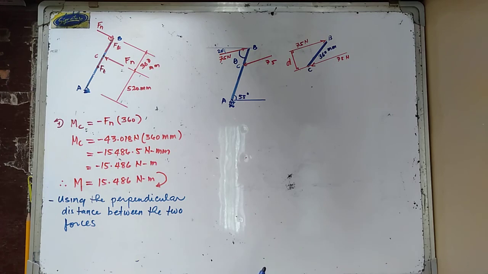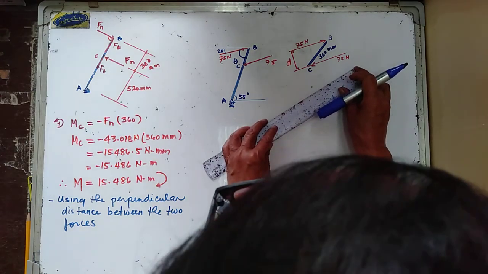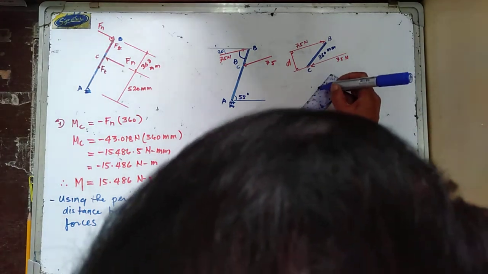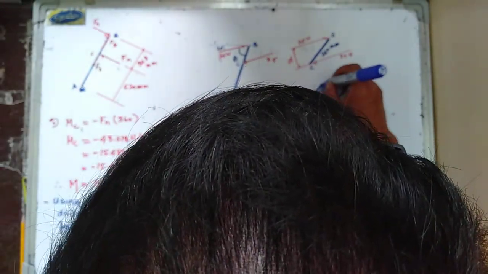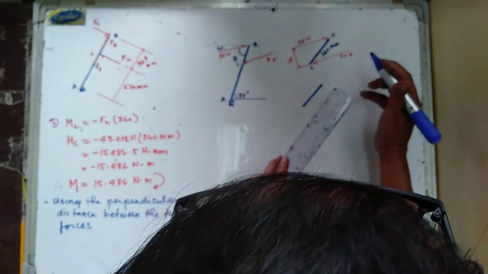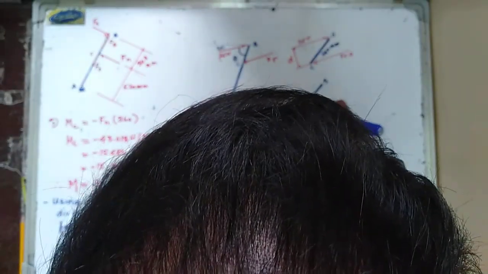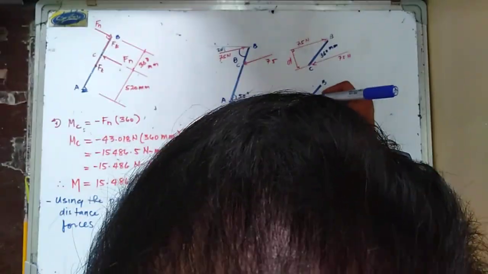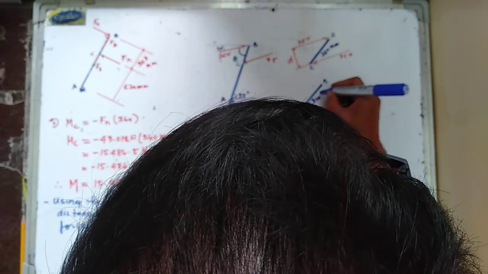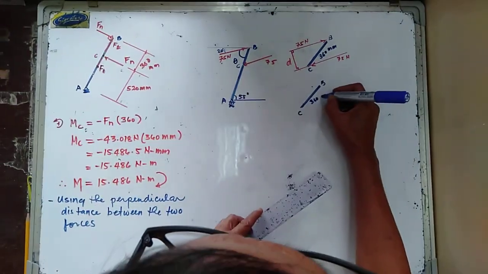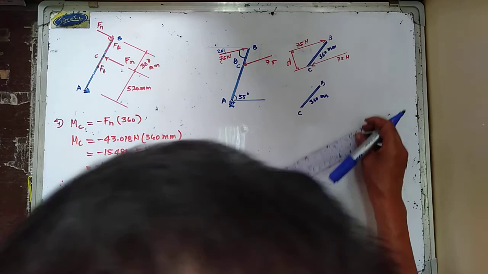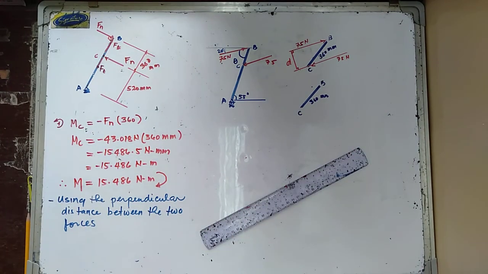So let us try to get now the perpendicular distance. So again, this is your BC. So the length of BC, that is your B, and this is now your point C. That is 360 millimeter. Okay, so we have the force in here.